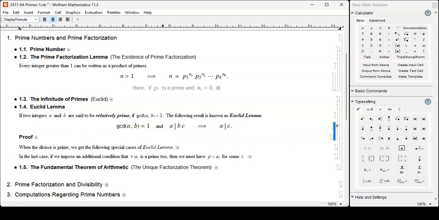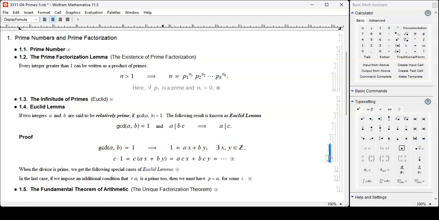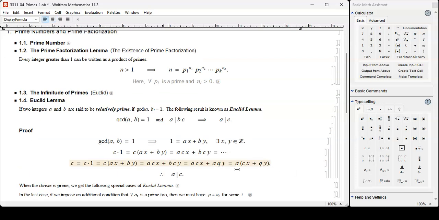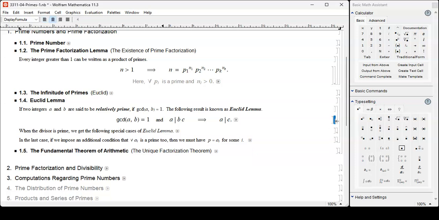We have to do something else, and I hope you remember that something else is Bezout's linear combination expression. Express 1 as ax plus by and multiply c to both the left-hand side and right-hand side, and then manipulate so that we factor a out and a divides c. So in the end, we have Euclid's lemma.